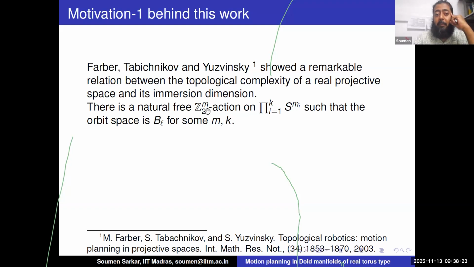So we have a free Z2^m action on a product for some m and k, and the orbit space is this one. For example, if we take the sphere, the antipodal action gives real projective space. And in this paper, they used that information also.